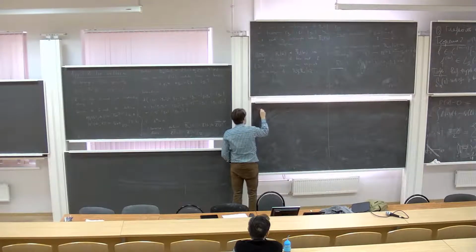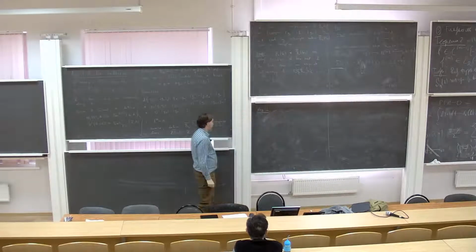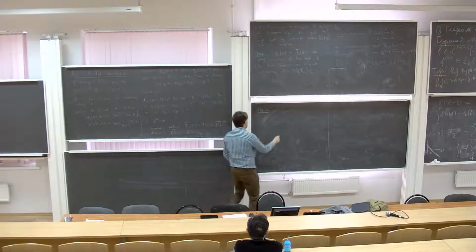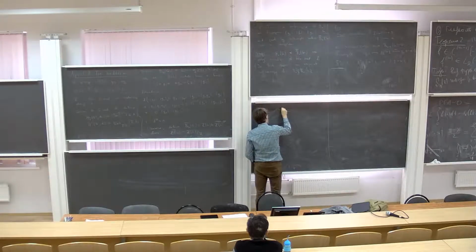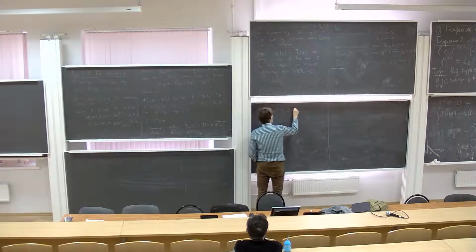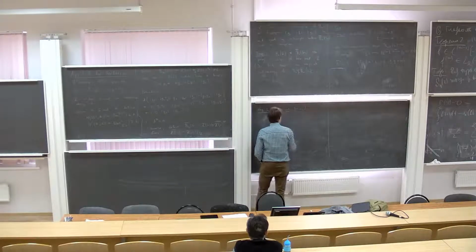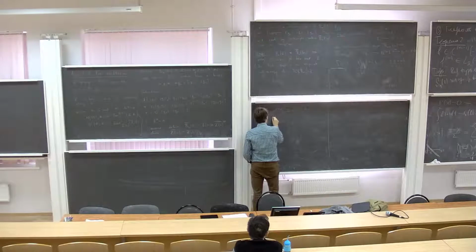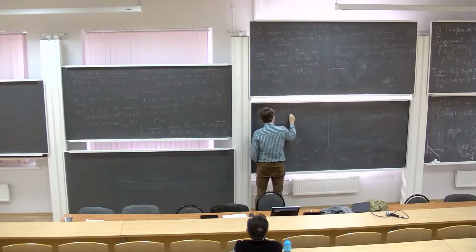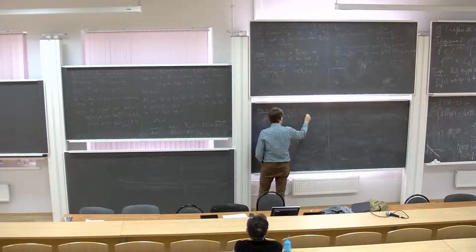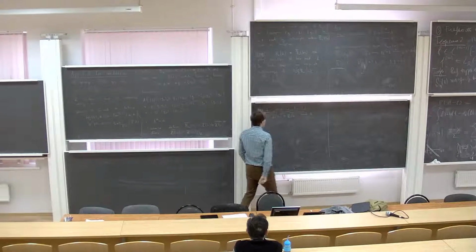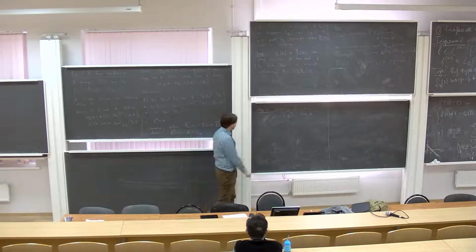So let's write degree 1. Okay, so what is a reduced 1 cochain? It's a map from the degree 1 part of our resolution to A. It should be a map of modules.